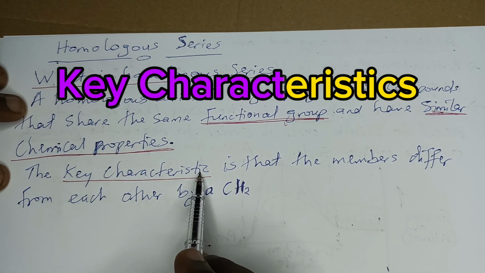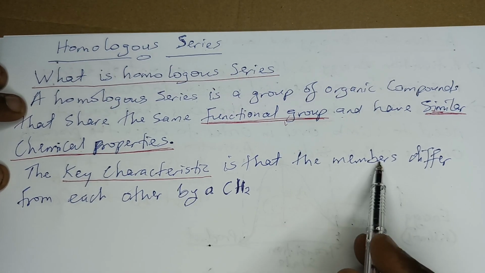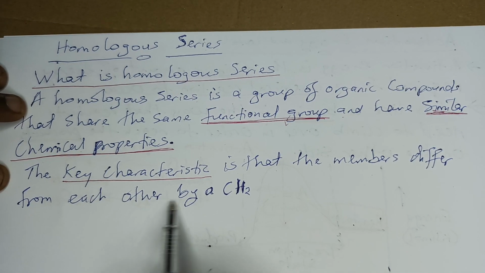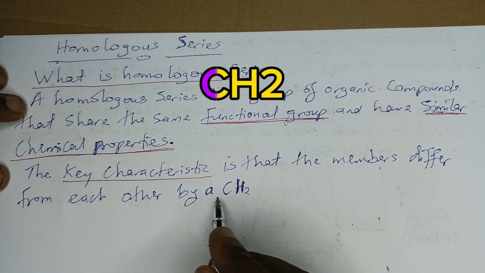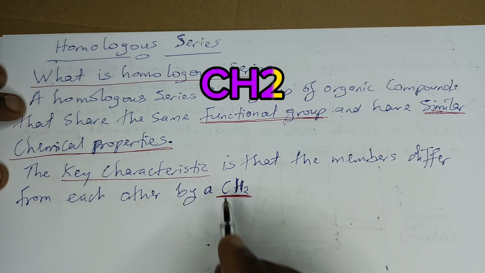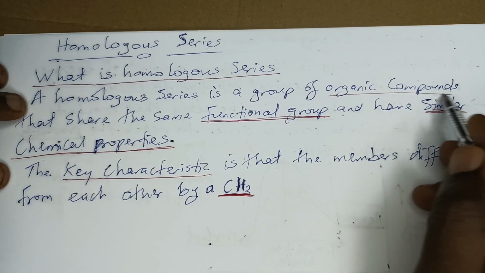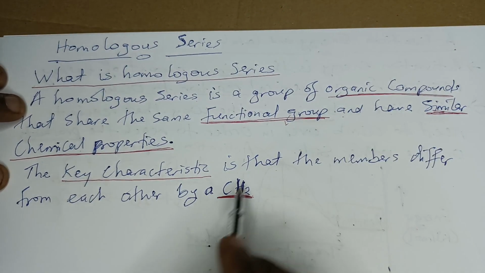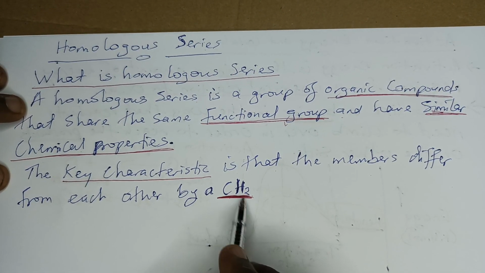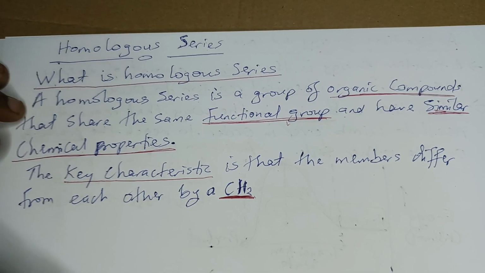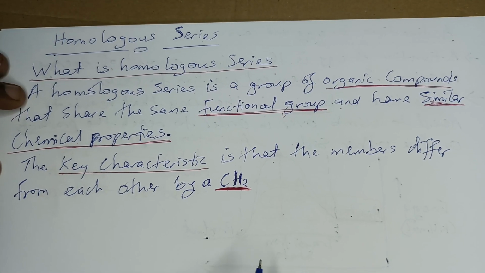The key characteristic is that the members differ from each other by a CH2. These are hydrocarbons in organic compounds. I will explain that in detail now. Let's take it step by step.